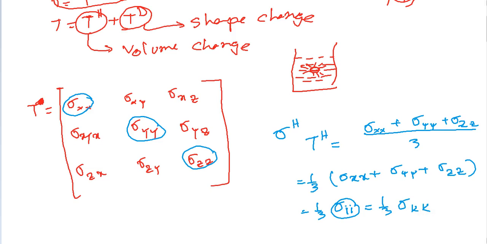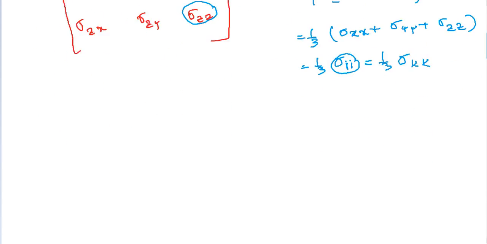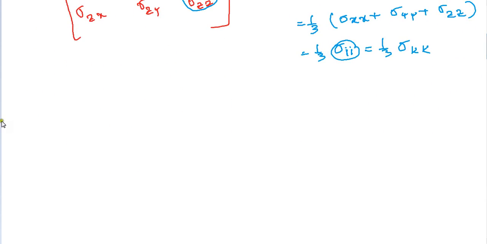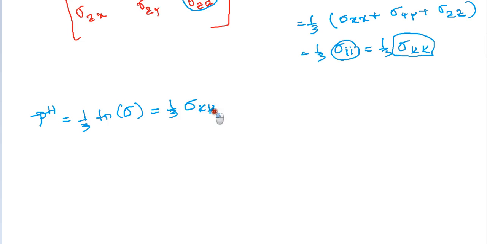So there are many alternative ways to write the hydrostatic stress. From the definition, we know sigma kk or sigma ii is the trace of a tensor, right? The trace of any tensor is the summation of its diagonal components. So hydrostatic stress is nothing but 1 by 3 times the trace of the stress tensor, or 1 by 3 sigma kk. It is also the first invariant of any stress tensor.